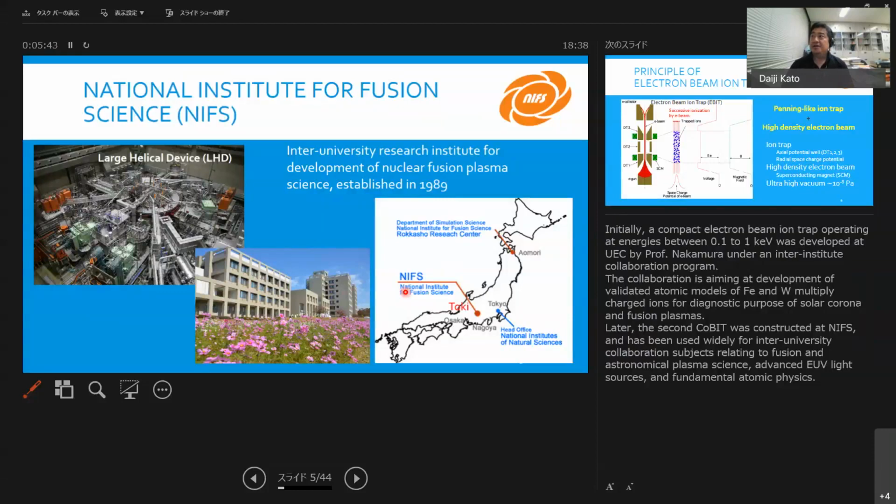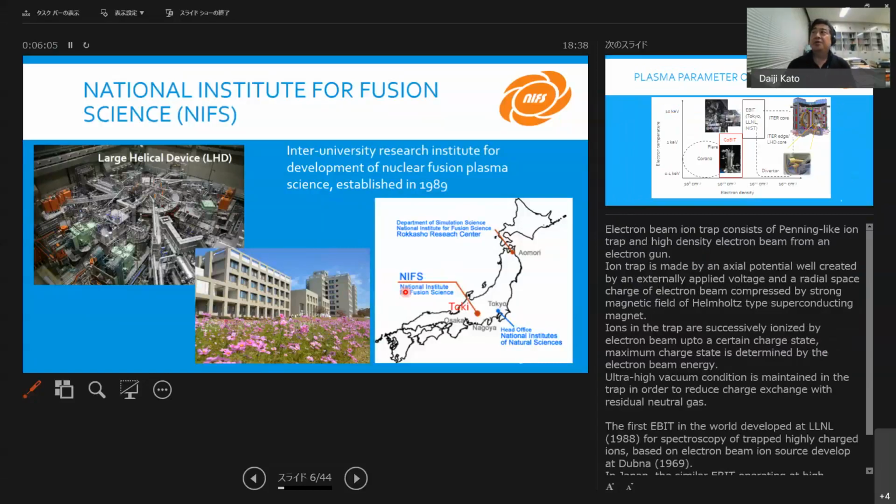Later, the second COBIT was constructed at NIFS, and it has been used widely for inter-university collaboration for subjects relating to fusion and astronomical plasmas, advanced UV light sources, and fundamental atomic physics.